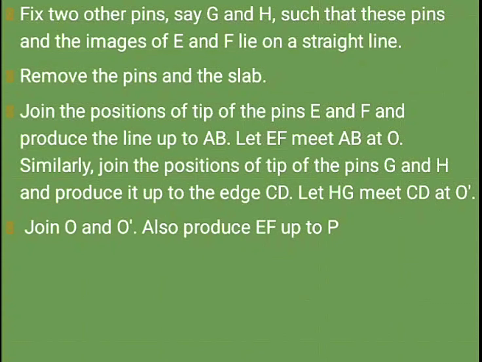Let EF meet AB at point O. Similarly, join the positions of tips of pin G and H and produce it up to the edge CD. Let HG meet CD at O'. Also join O and O' and produce EF up to P.